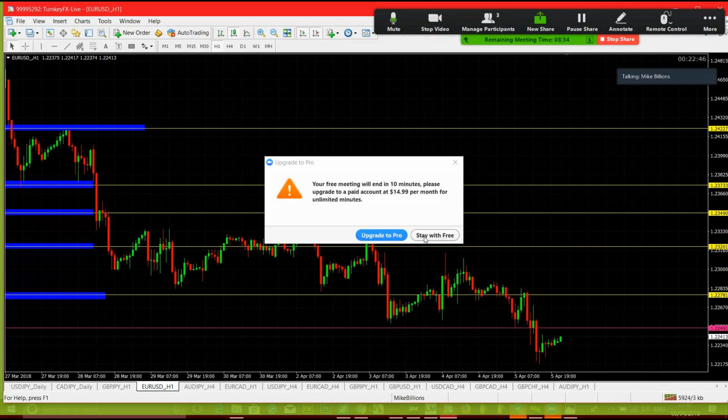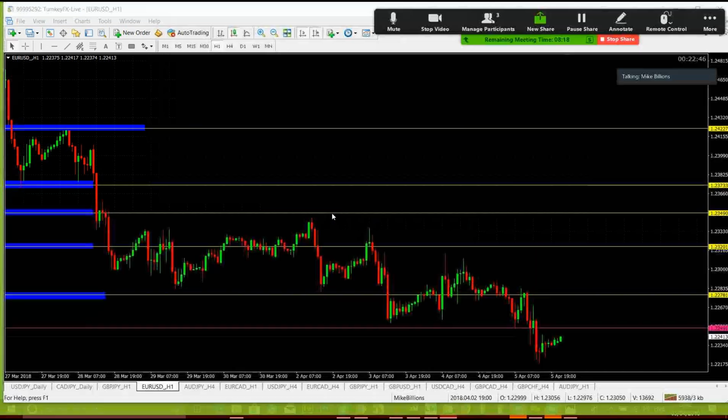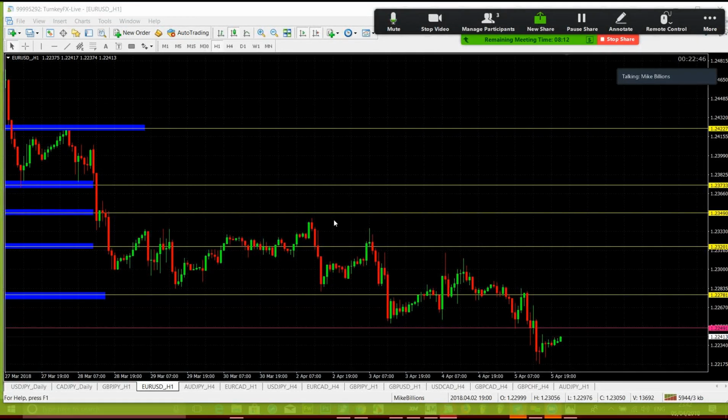Does your Fibonacci coincide, or if you use RSI, is it oversold, overbought? If you use divergence as well, just as many as you can. But it doesn't mean you need to use all of this. 2 or 3 may be good enough. Sometimes even 1 is okay, but we tend to want to confirm our entries, confirm that the position we want to take is definitely going to be a win.